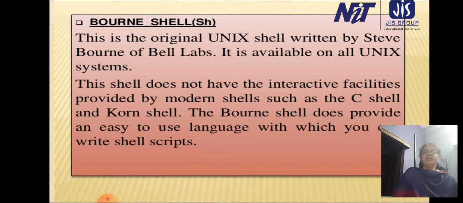The Bourne shell doesn't have the interactive facilities provided in modern shells such as the C shell and Korn shell. The Bourne shell does not provide an easy to use language with which you can write shell scripts.